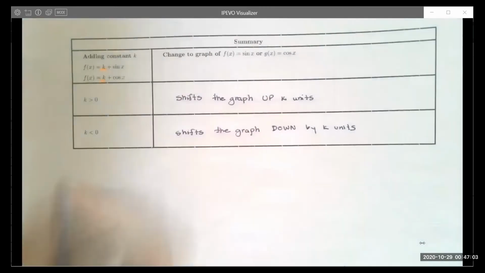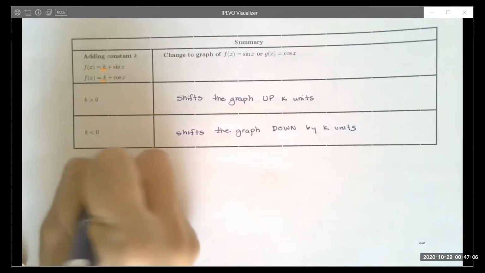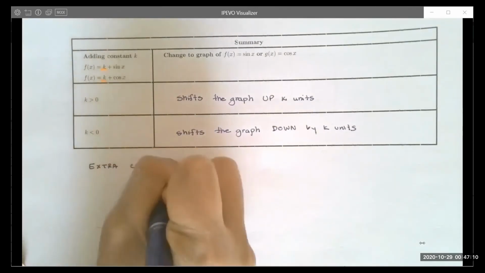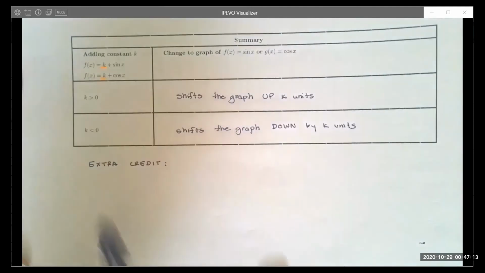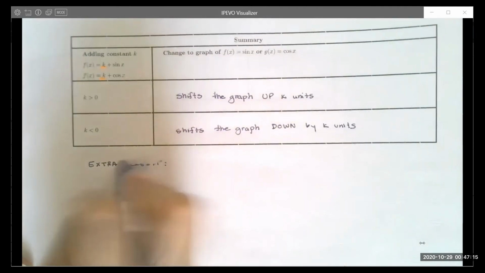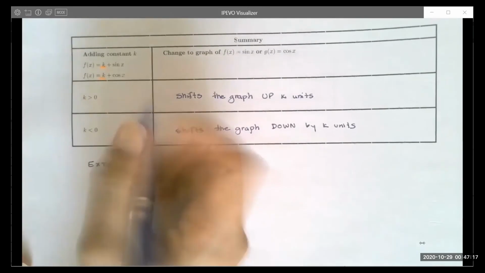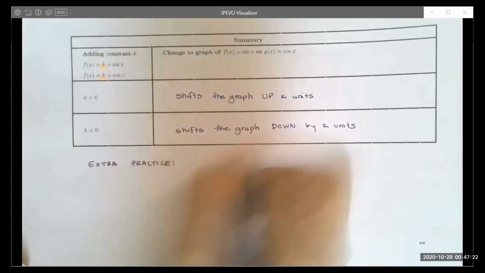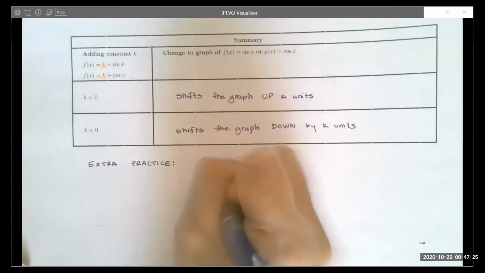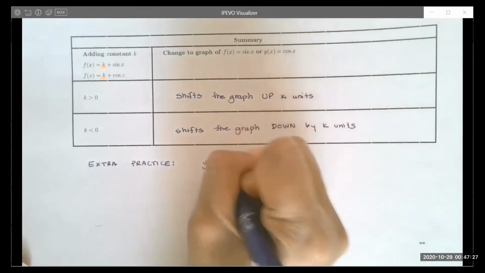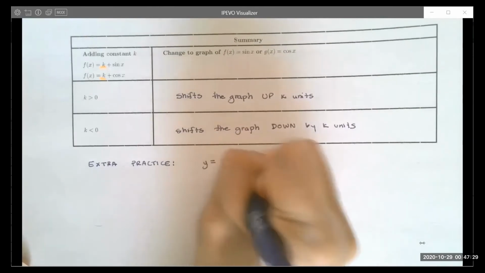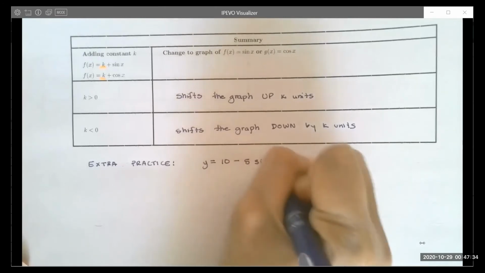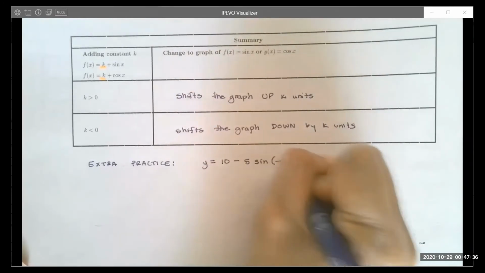So just as extra practice, we're not going to graph it completely or at all, actually. We're just kind of going to identify the important information. Sorry, not extra credit, extra practice. So as extra practice, let's consider, for example, y equals, we'll say, 10 minus 5 times sine of negative pi x.